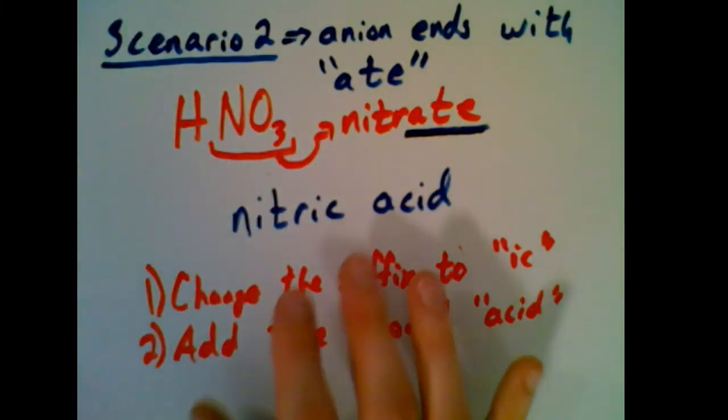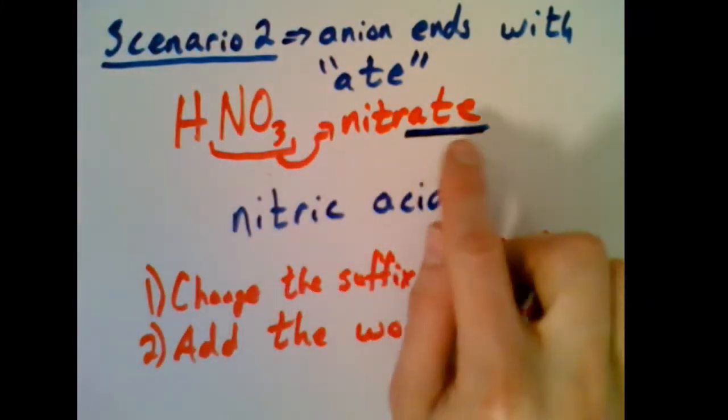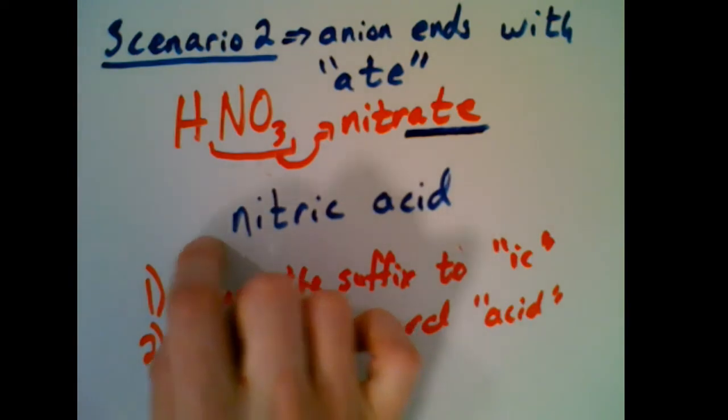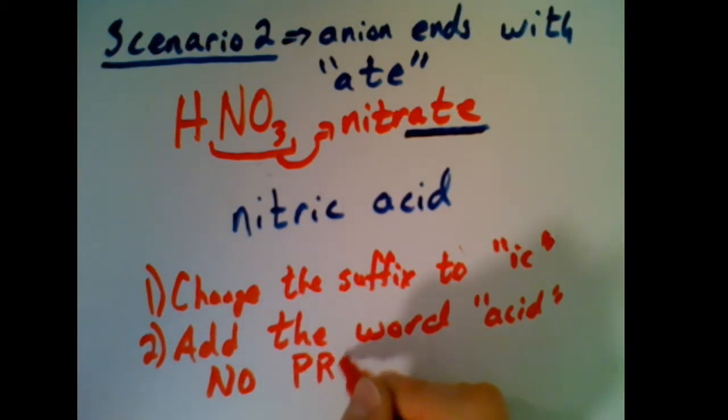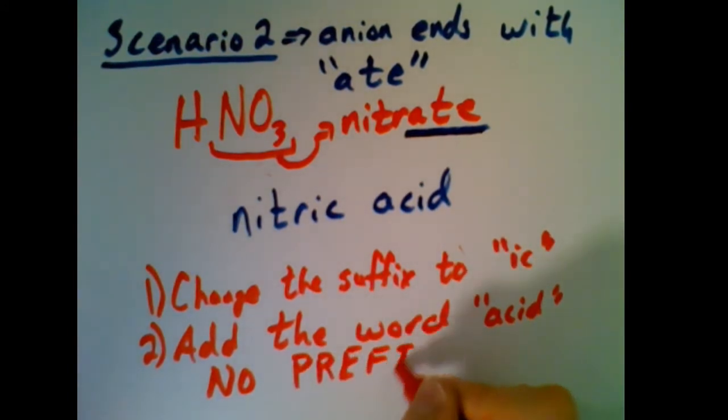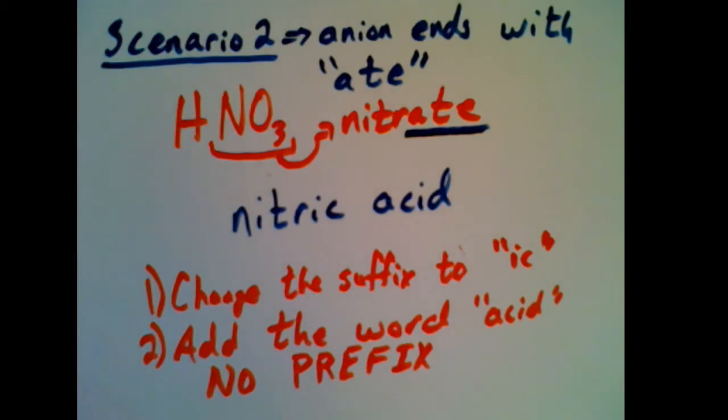You may be wondering, how is this any different from the last one? Well, when it ends with ATE, there is no prefix, and that is really ultimately the key here. There is no prefix. So I know it seems really fickle, and I know it seems really tedious, but that is the rules.